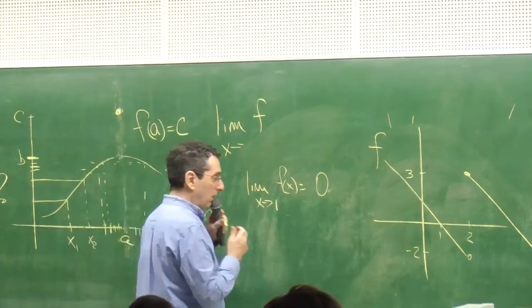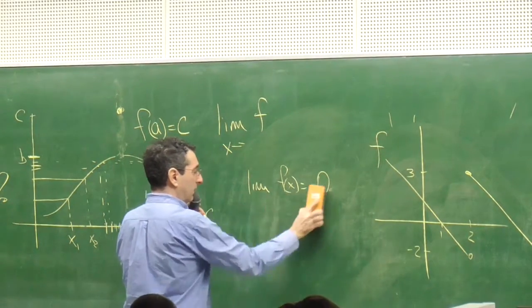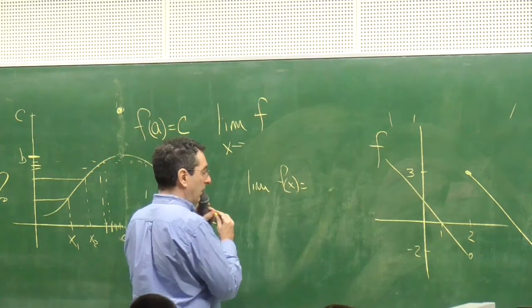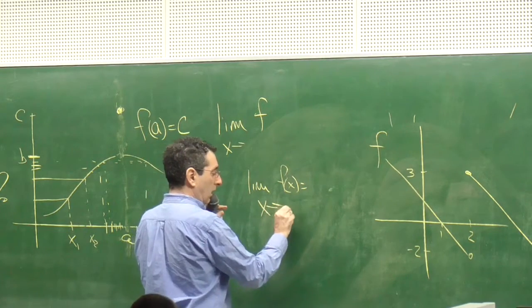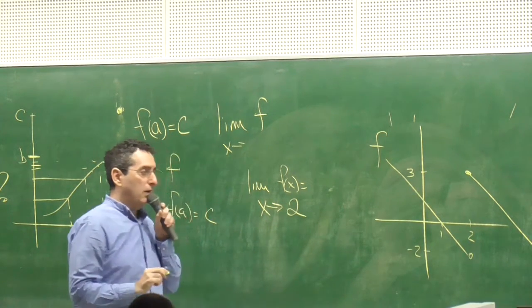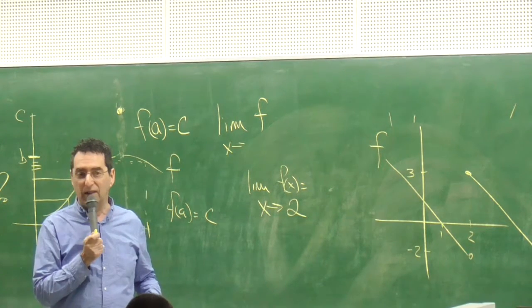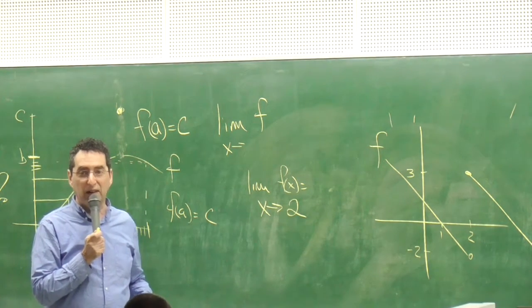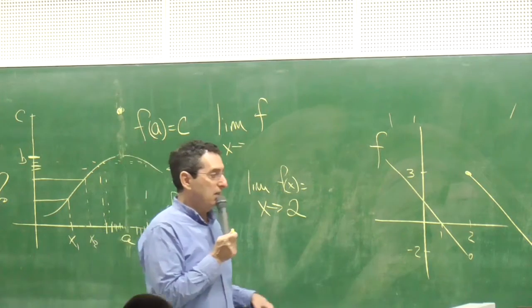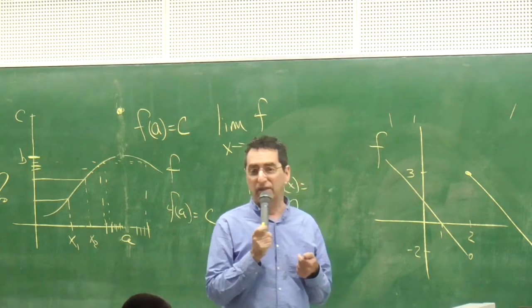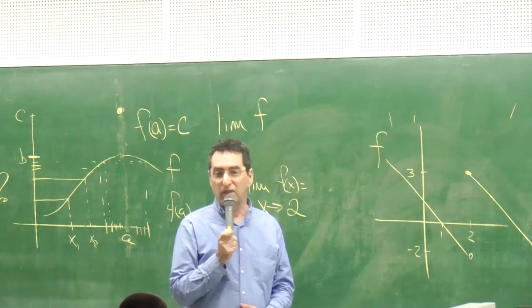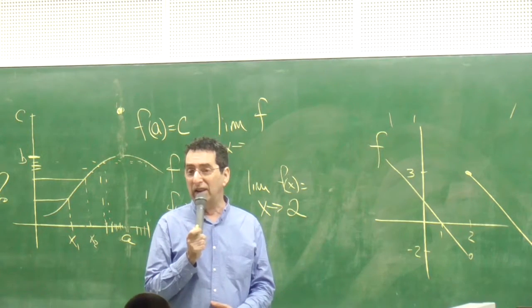Okay, now, however, if I did this, okay, now there's a kind of conundrum, right? Kind of confusing, right? Because, well, but what is the answer? There is no limit, right?